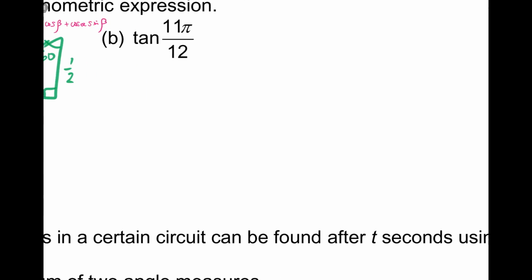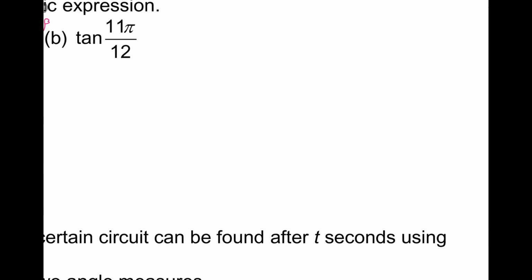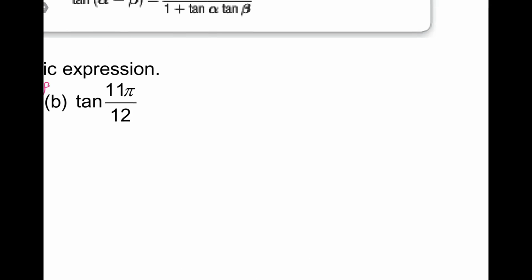I want to write this as a sum of angles. You can go ahead, pause the video, and try it out yourself. Keep in mind, we only really know 5 angles: 0, pi over 6, pi over 4, pi over 3, and pi over 2. So maybe I can try out one of them. For instance, what if I try pi over 3?